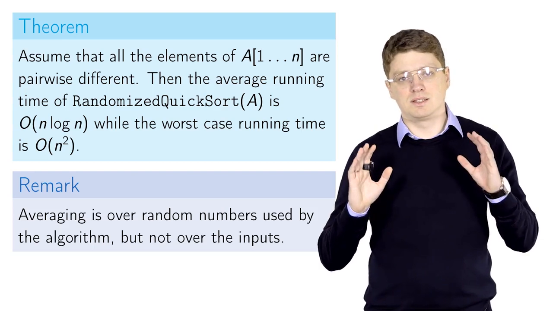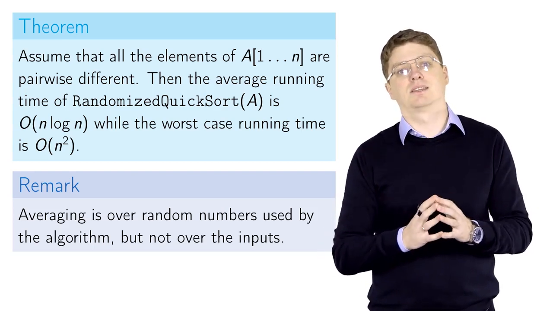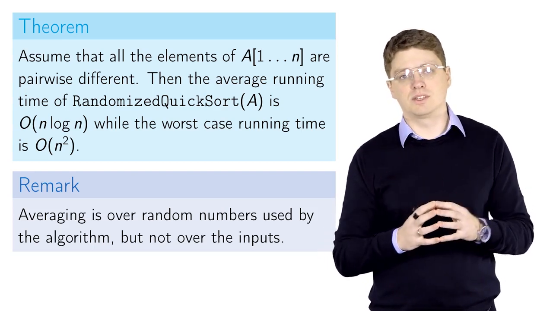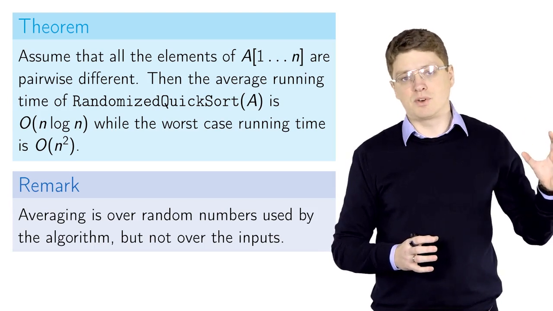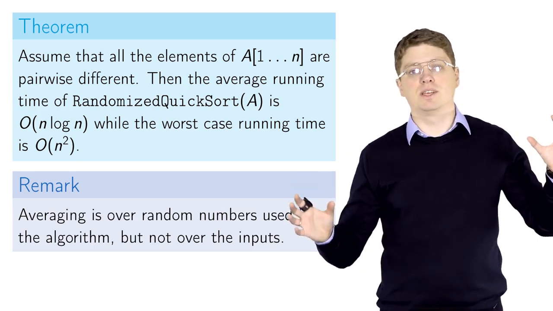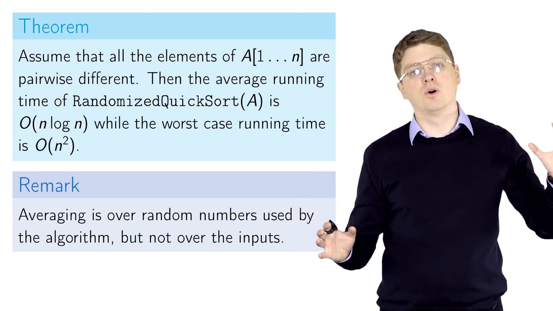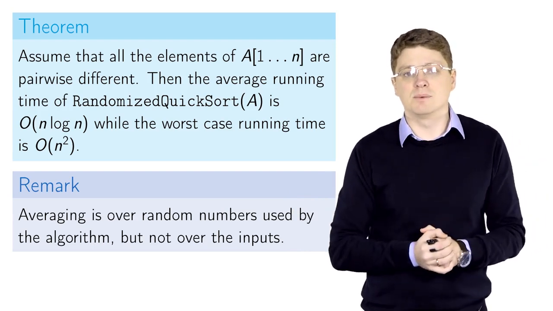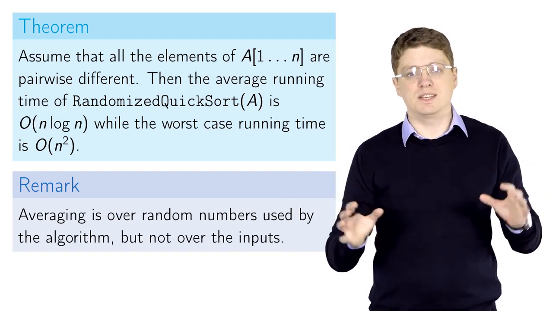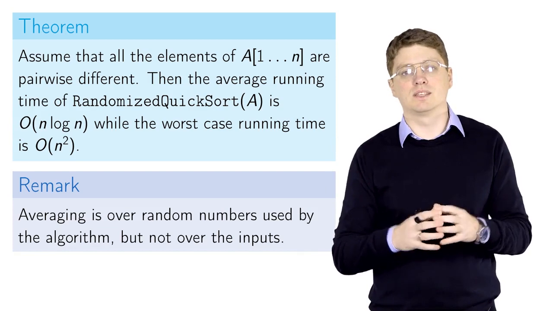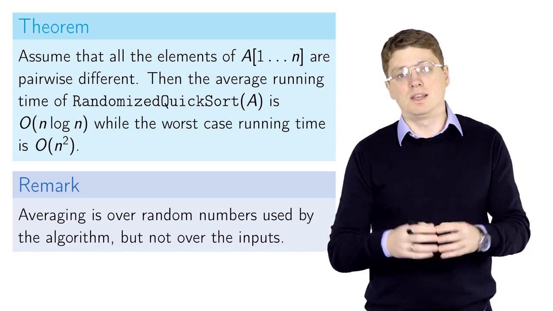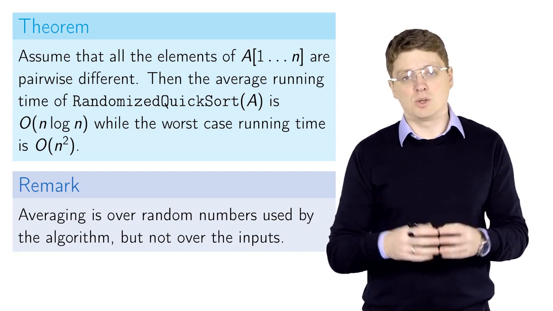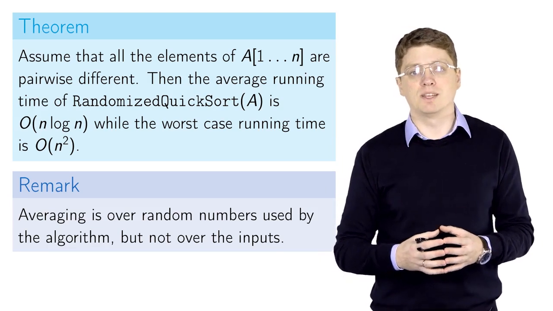So this theorem doesn't say that for some arrays the running time is large and for some arrays it is low, but on average it is good enough. It says that for any fixed array, the average running time is n log n. Okay, so we are going to prove this theorem in the next video.